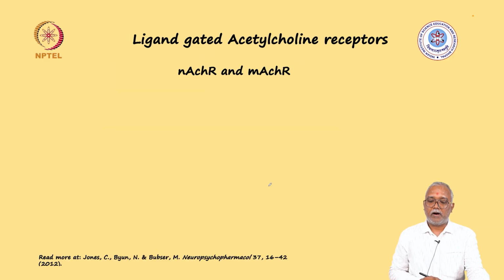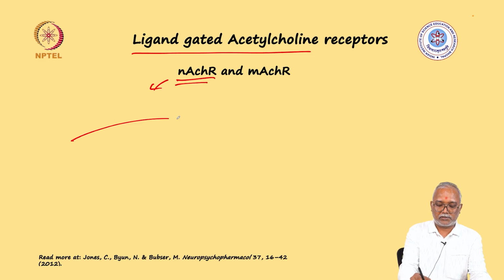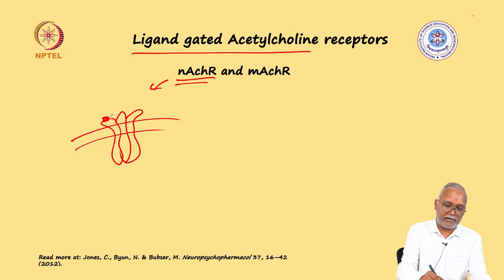The third type of these receptors, before we go to that, let's discuss some of these acetylcholine receptors which are of two different types. What you just saw, as this receptor which had a conformation on which the ligand was binding, and then the movement of calcium and sodium happened.